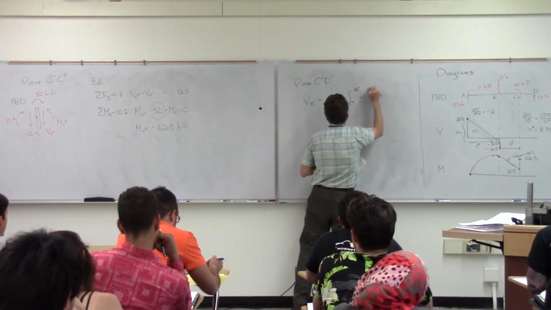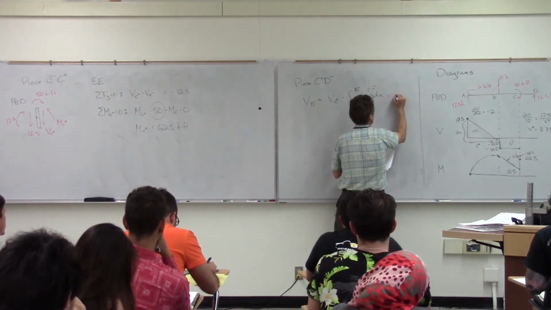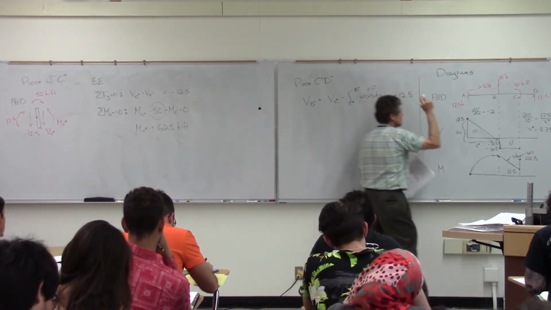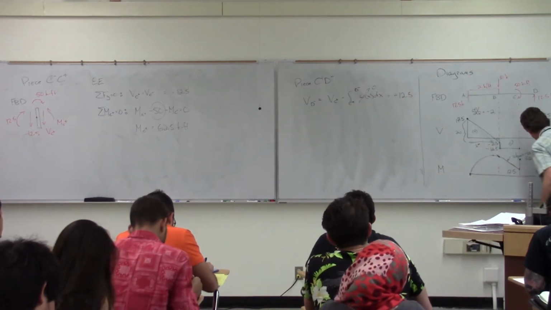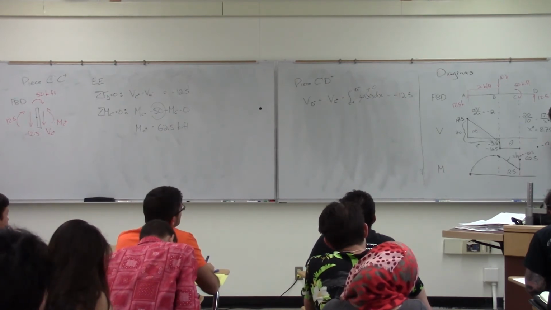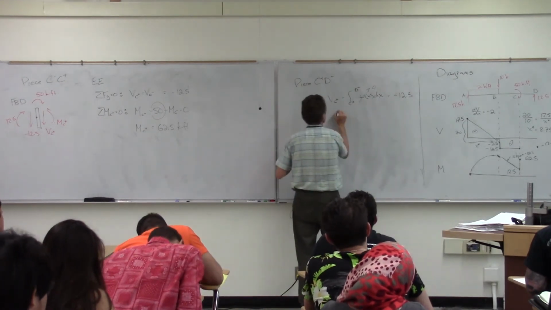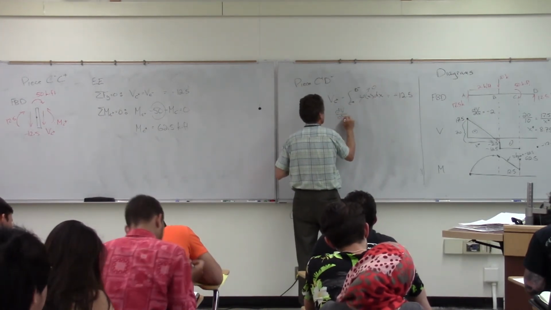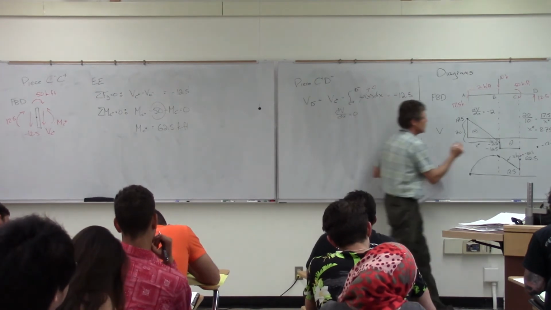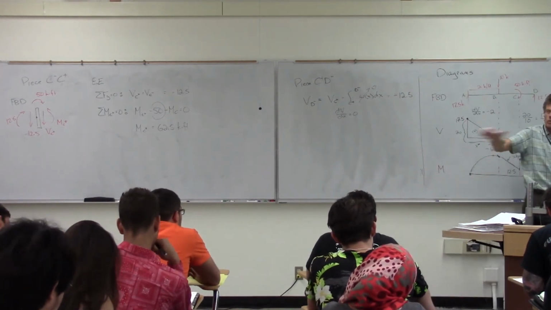So this piece goes to 0. Which says then if I work my way across here, that's going to be minus 12.5 also. And again, since there's no load there, what that tells me is that my slope will be 0, or flat.